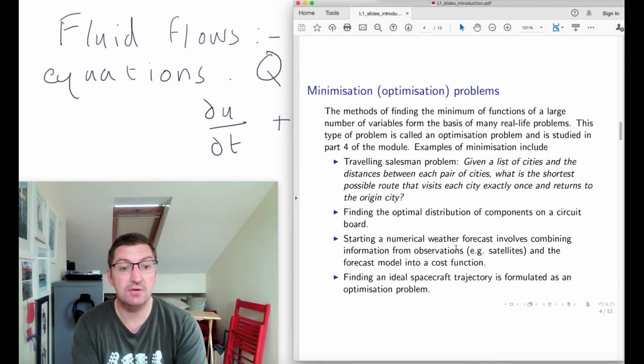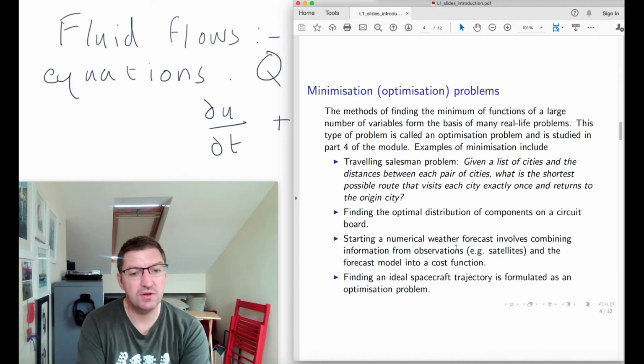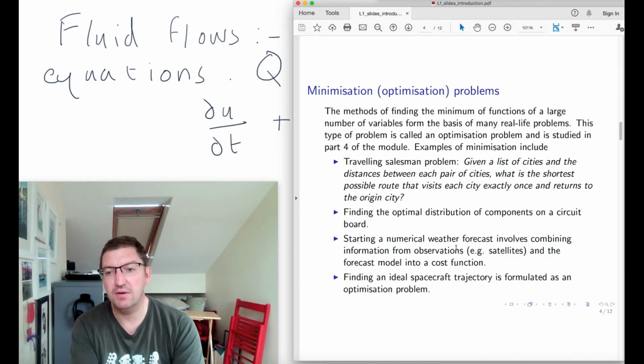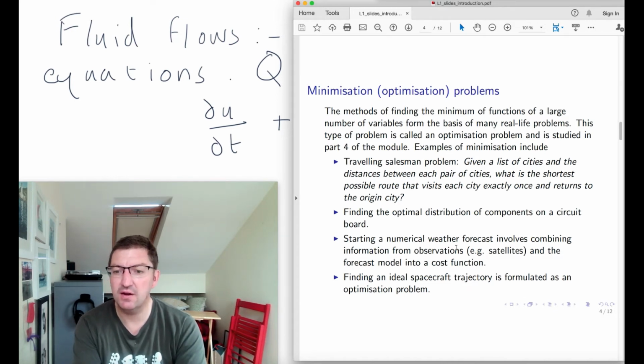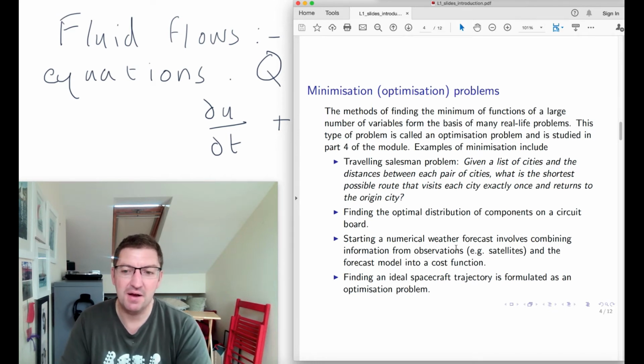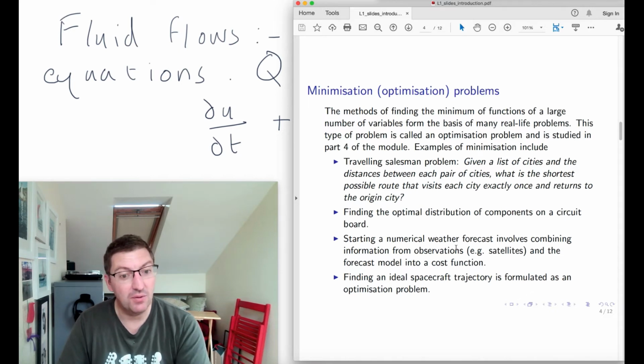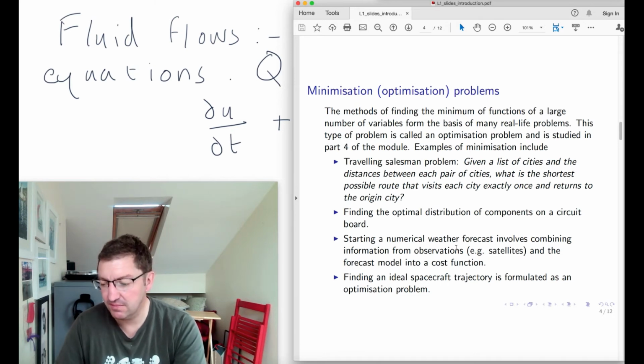And the method they use to find that will be very similar, certainly similar in its basic nature, to the one we'll study at the end of this term. So that's optimization. And another final example is finding an ideal spacecraft trajectory out of all the possible ones. So optimization turns out to be incredibly central to a lot of problem solving.